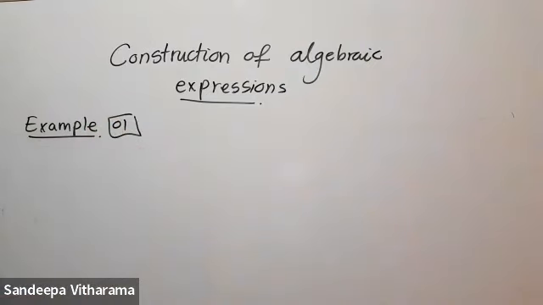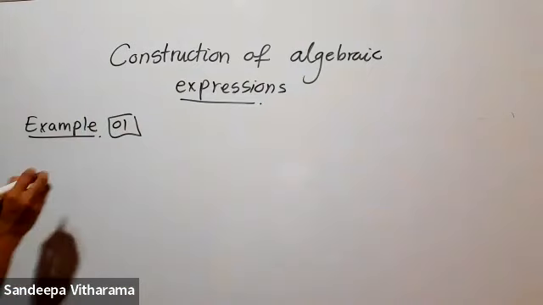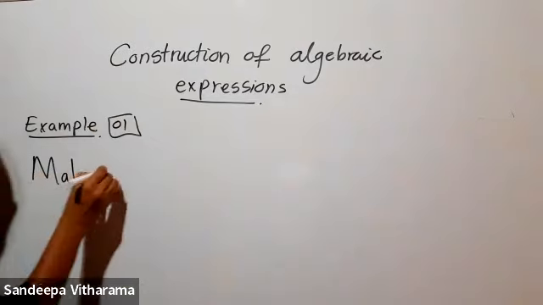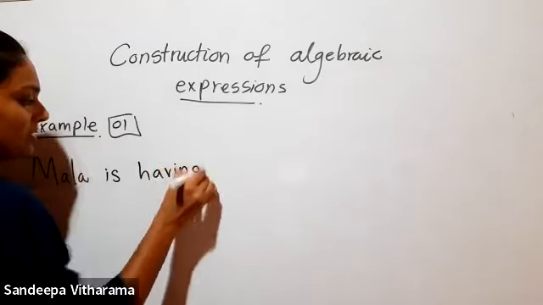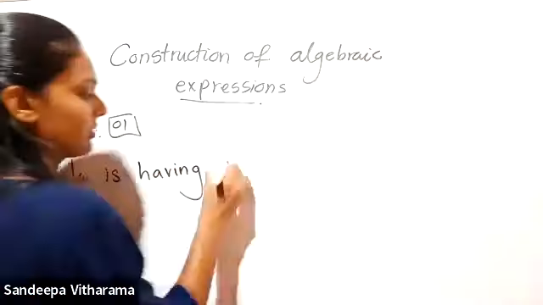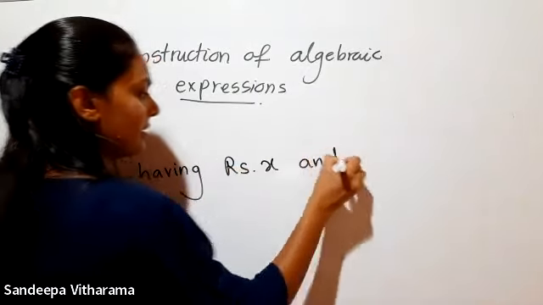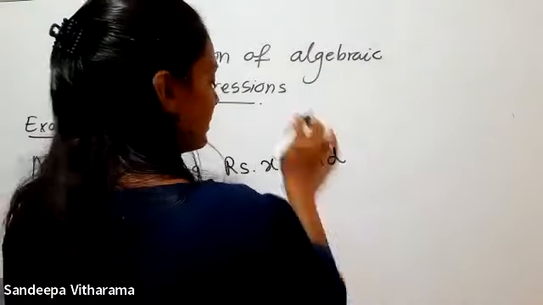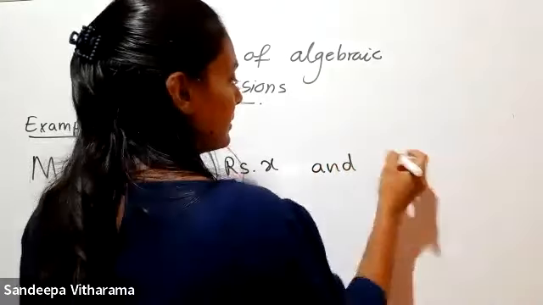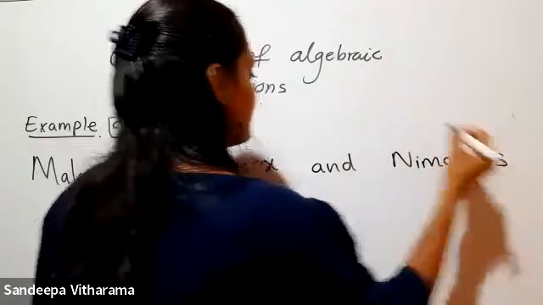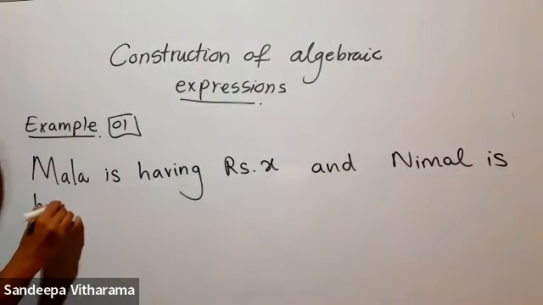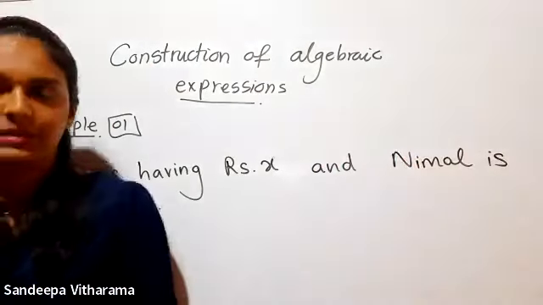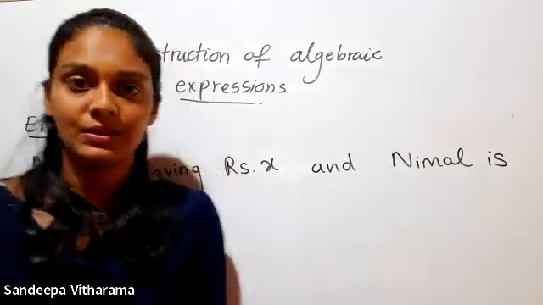Example 1: Mala is having X rupees and Nimal is having Y rupees.